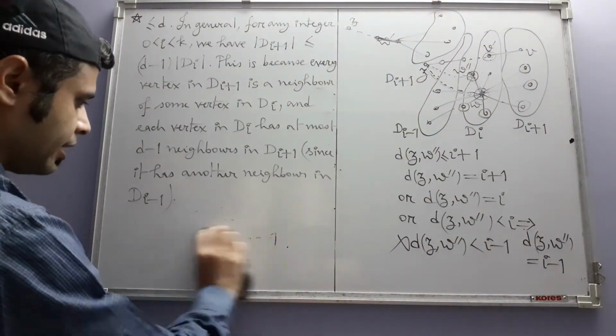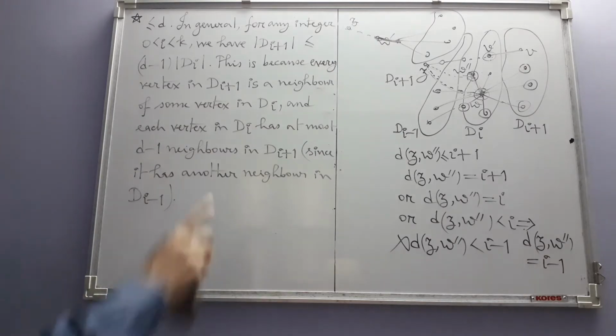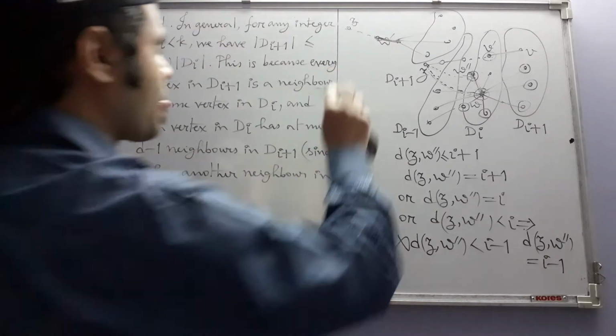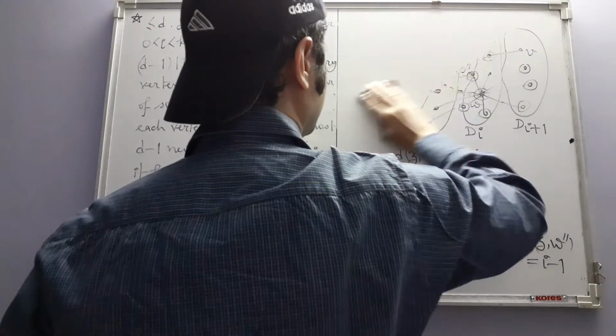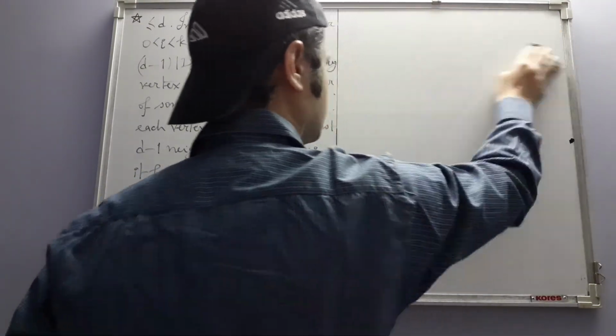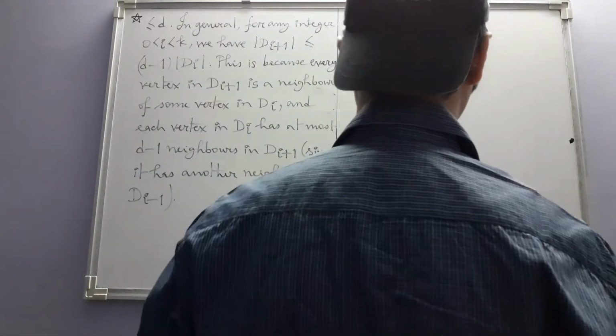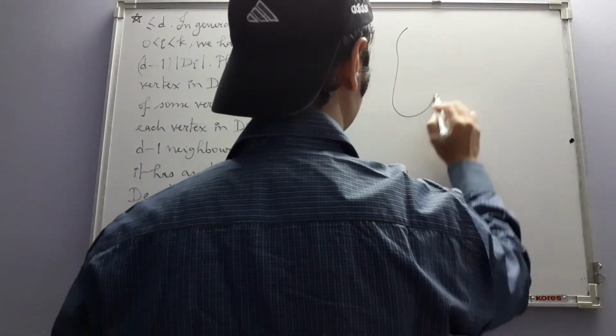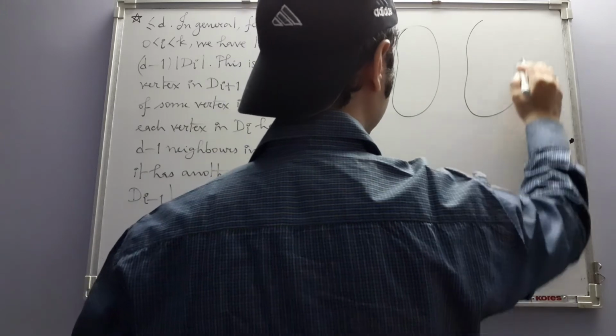To understand that, so this part we have understood. We are going to look at Di and Di plus 1 again.